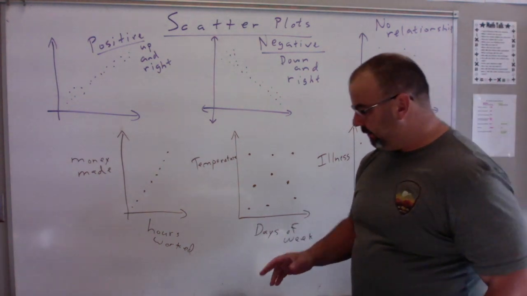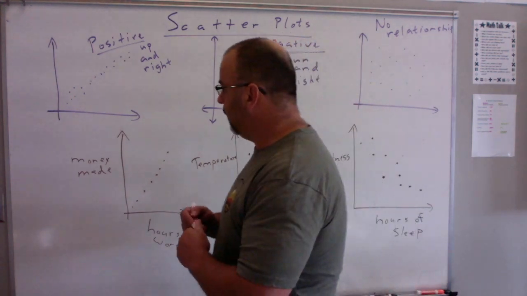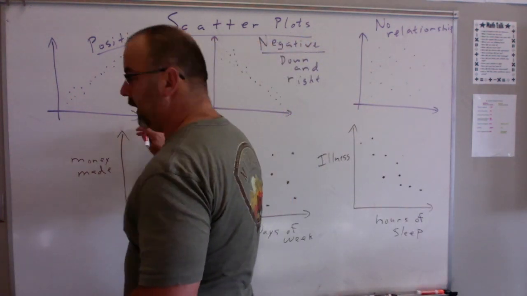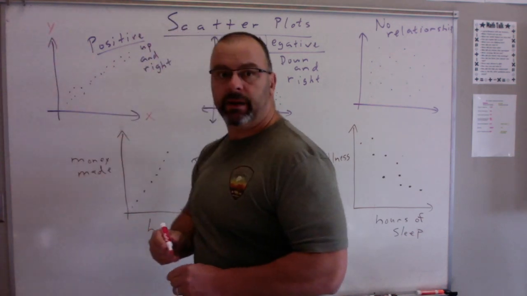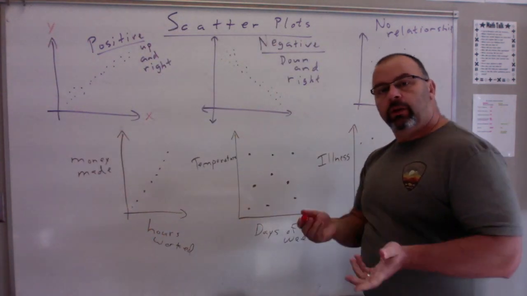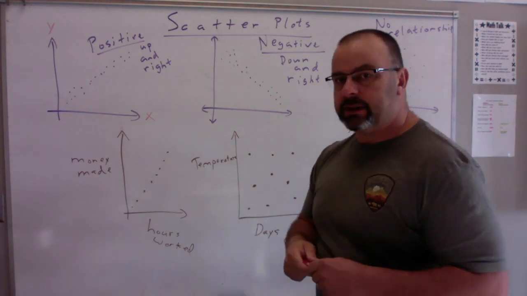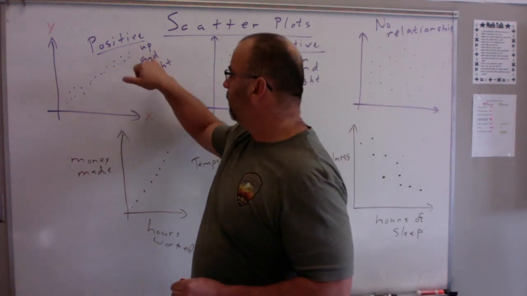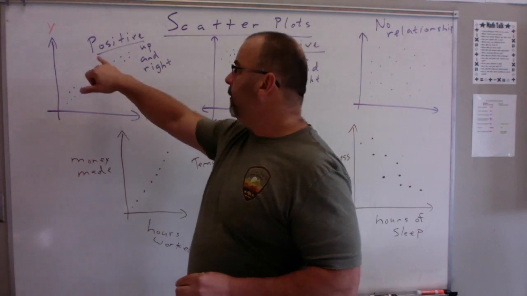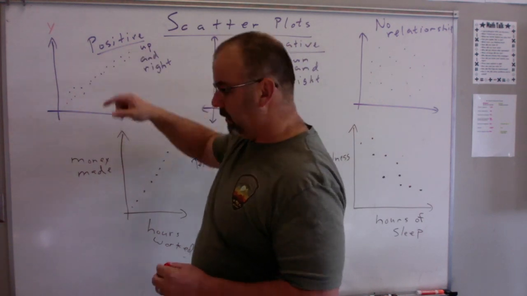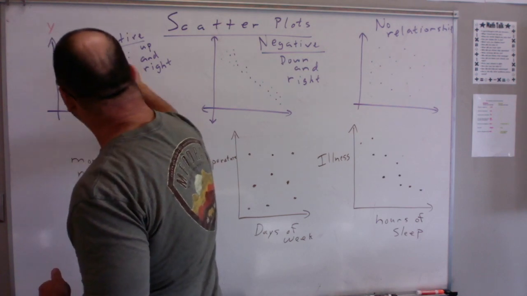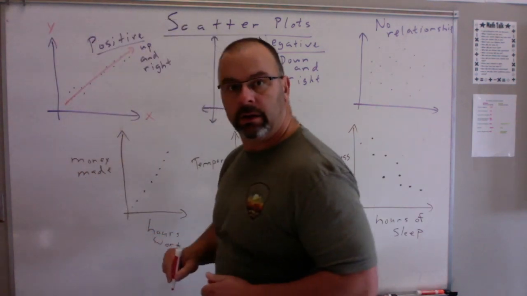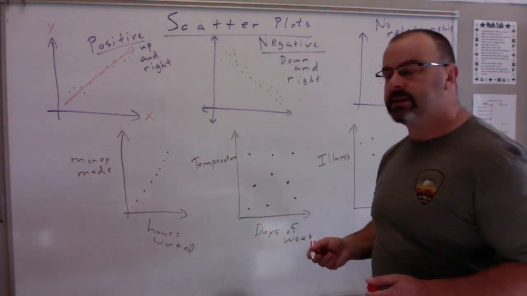So if I have a graph, remember every graph has an x, which is an independent variable, and a y, which is a dependent variable, what they look like when I plot points. So if I plot a bunch of points and it goes up and to the right, that would be positive. In other words, if they're clustered together and they kind of look like they're following some type of line, then that would be a positive.